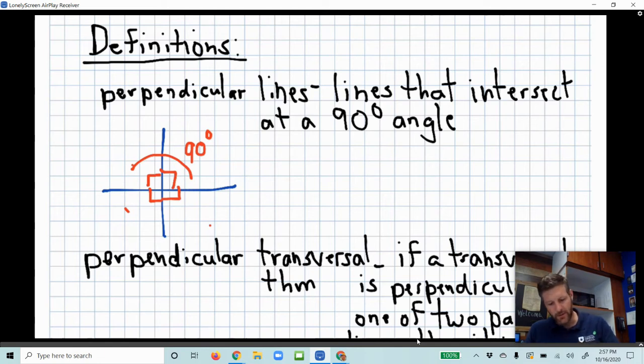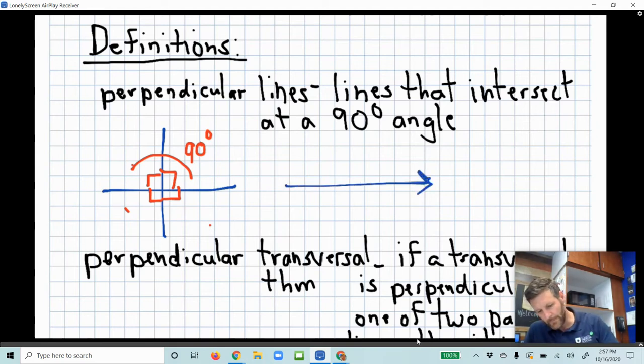The other thing that I wanted to point out is that when you have perpendicular lines, actually, let me draw it this way.